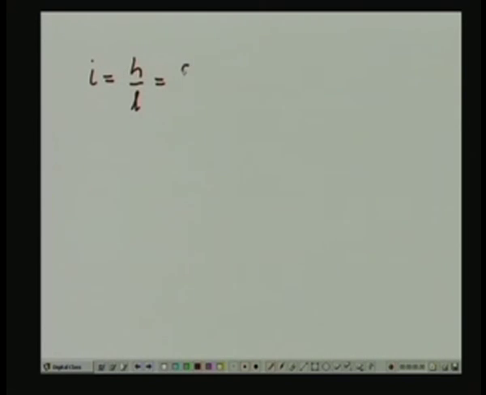So in this case it is going to be 1/4. What we also have is the permeability equal to 10 to the power minus 4 centimeter per second, which is equal to 10 to the power minus 6 meter per second.